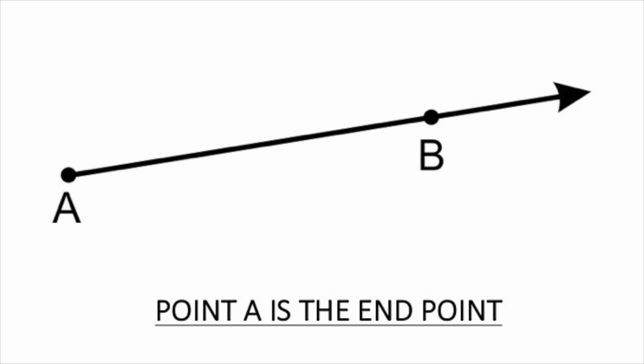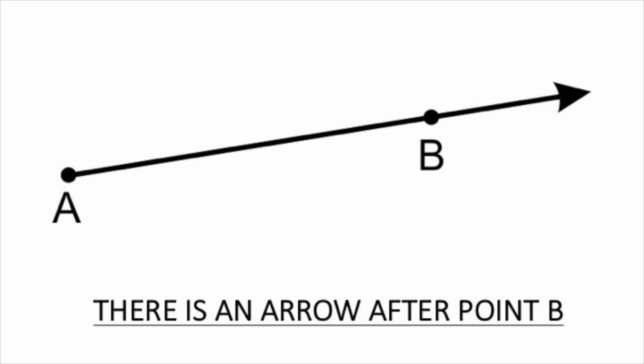Point A here is the end point, because you can see it's the end of the line. Point B is not the end point because you can see the line is continuing afterwards. There is an arrow after point B.